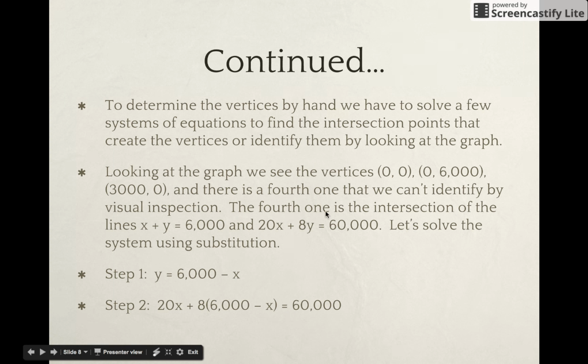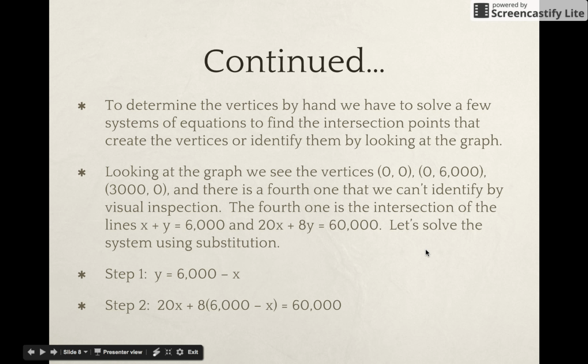To find the 4th vertex, the one missing vertex, we need to take note of what intersection of lines it comes from. In this case, it comes from the intersection of our inequalities, if we think of them as equations: x plus y equals 6,000 and 20x plus 8y equals 60,000.